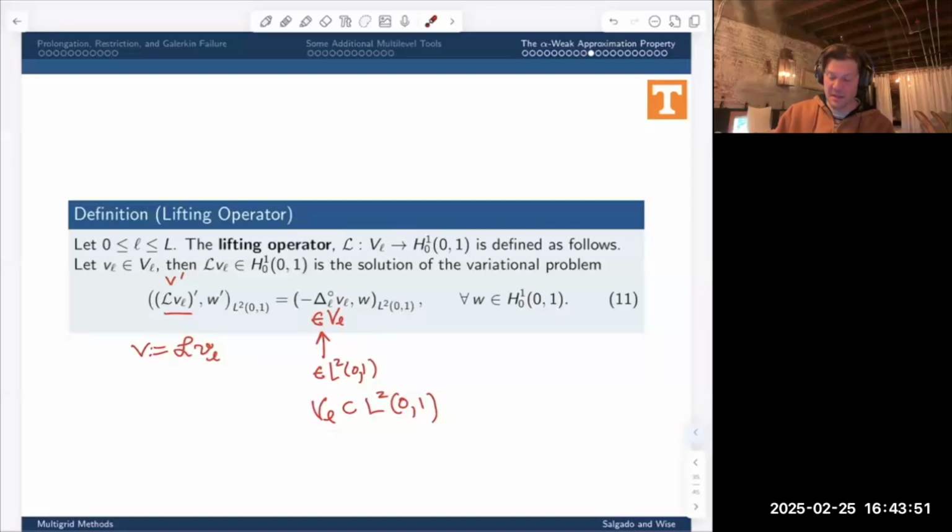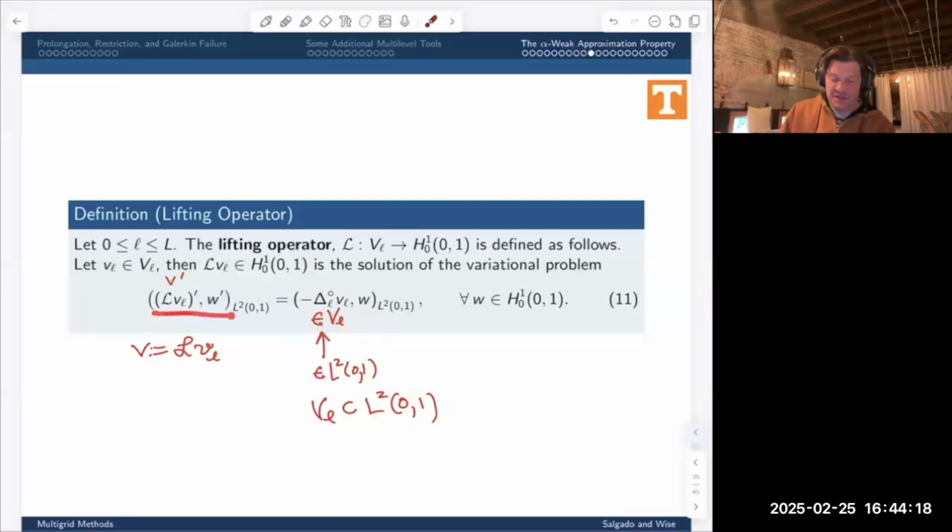You may have seen this concept in Math 547. Probably not in our PDE courses, unfortunately, but you may have seen it in 547. You can ask Dr. Mengesha to tell you what that's all about. But suffice it to say, this object is an L2 function. We're good to go there.